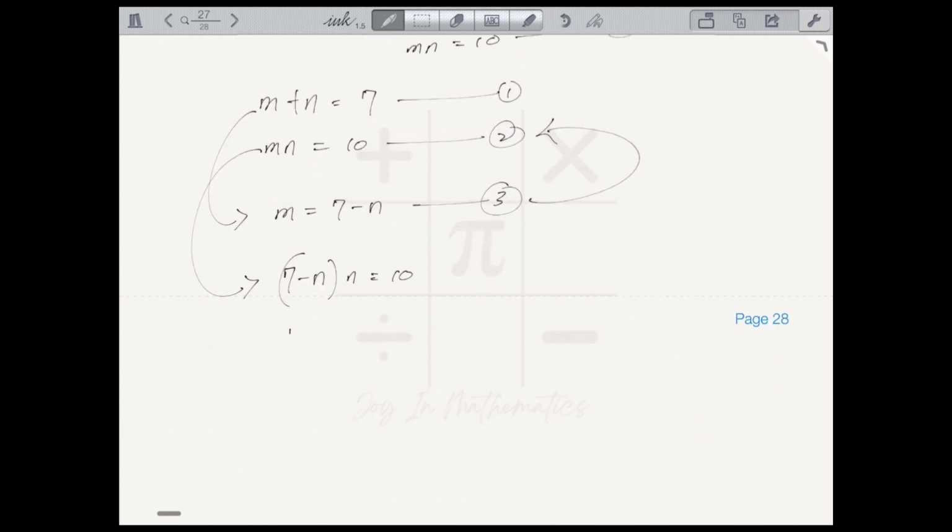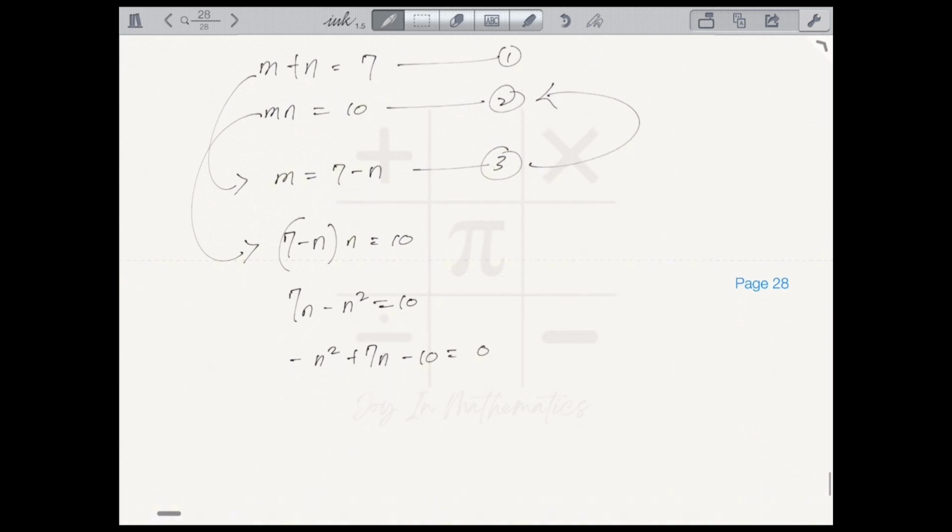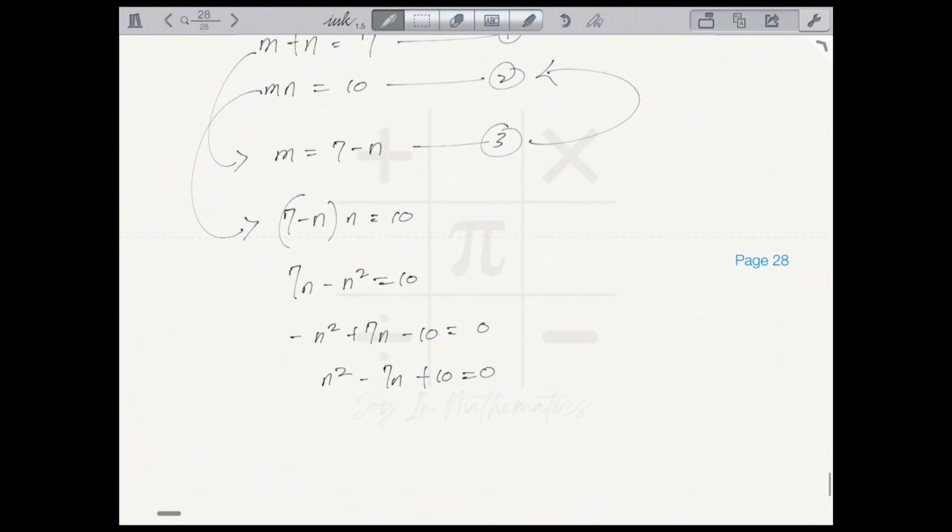Now if we open the bracket, we have 7n minus n square is equal to 10, or rather you can say minus n square plus 7n minus 10 is equal to 0, and then if we multiply all through by minus 1, n square minus 7n plus 10 is equal to 0.